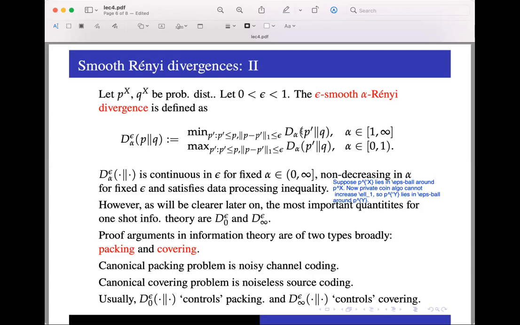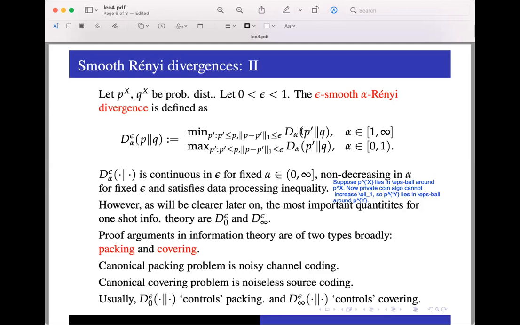Maybe P was highly distinguishable from Q because of some pathological symbols X, where the probability of X under P is very different from the probability of X under Q. But if I remove these pathological symbols and the removal results only in a loss of epsilon in the probability mass of P, maybe it's worth doing.